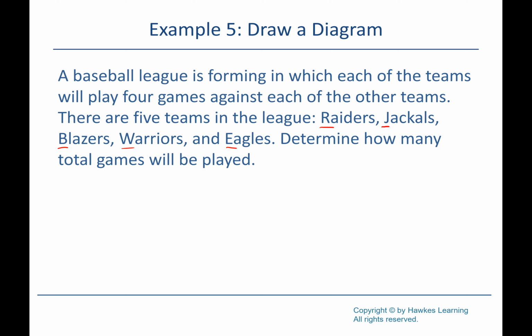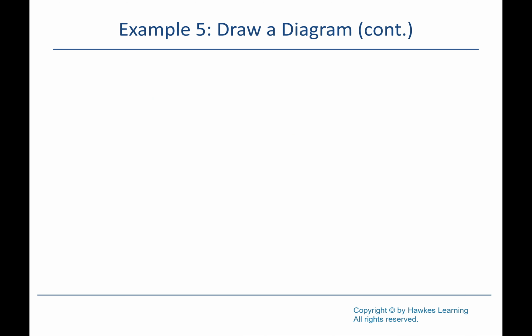You may be able to think of a different way to sketch it out, but this is how I'm going to draw it. You don't have to do yours exactly like this. What I would do is, I know we've got the 5 teams, so I'm just going to label them. And I'm just going to use the first letter of each team.